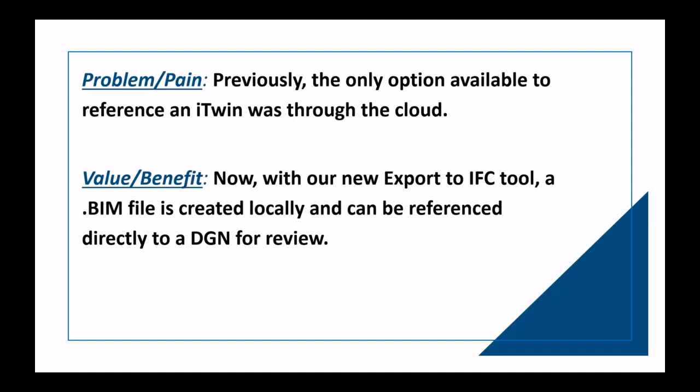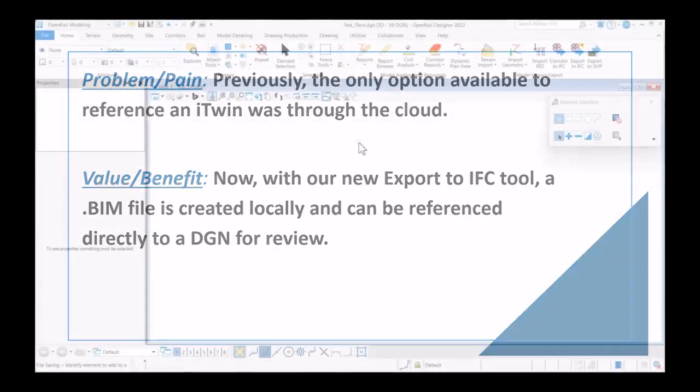And people had asked for the ability just to be able to reference a local BIM file. And with our new export to IFC tool, you're actually going to have a BIM file created locally for you. And that's a nice little way to test it, is to reference it directly to a DGN for review. So let's take a look at how this works.